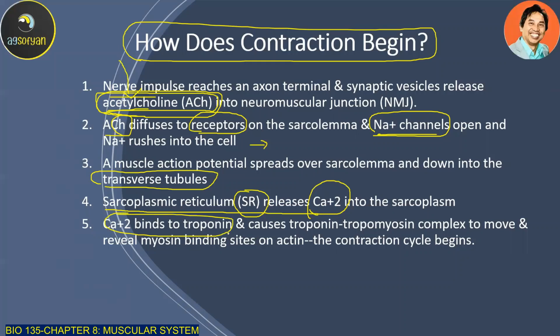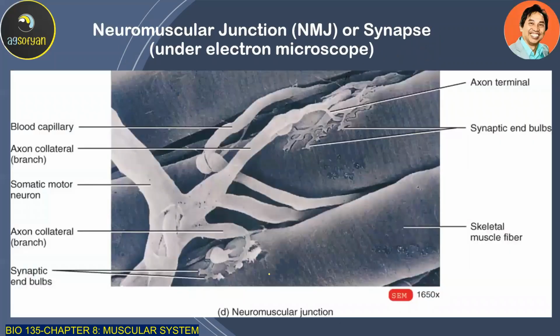When it binds to the troponin, tropomyosin will open the myosin binding site. Therefore, the myosin head will be able to bind to this binding site and start the contraction cycle. So this is how the contraction begins.